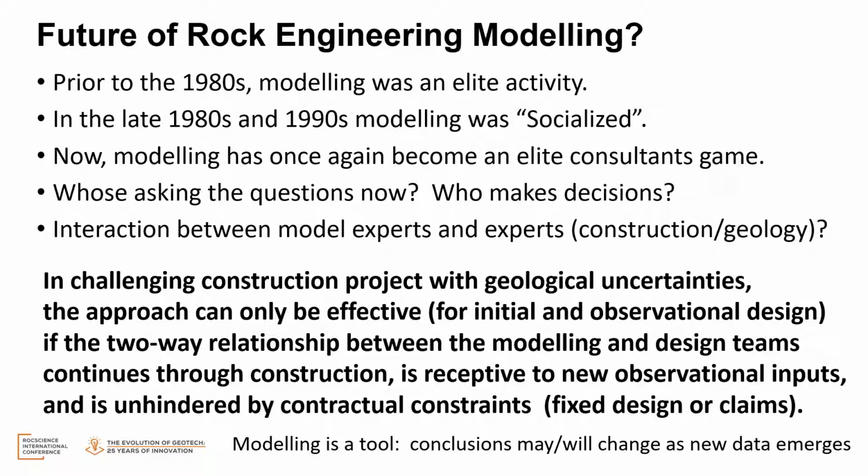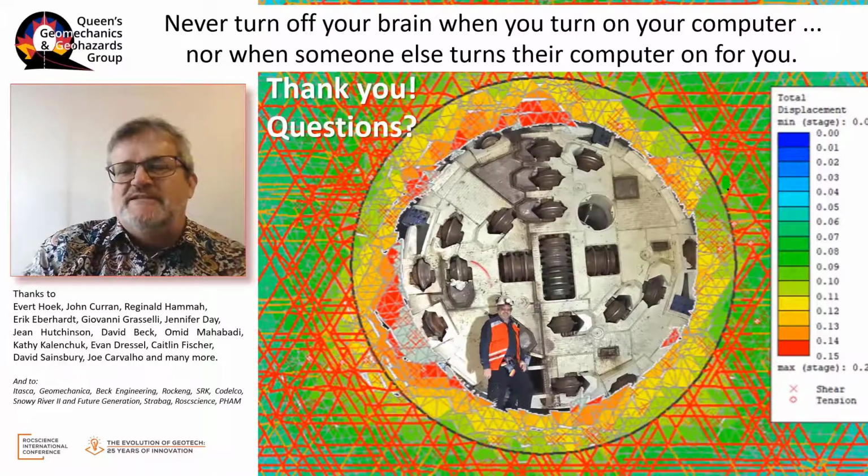And most importantly, and this might be a dream, this relationship is unhindered by contractual constraints such as fixed design or the fear of claims. Modeling is a tool. It has to be recognized by all that for these complex projects with uncertainties that the conclusions may and probably will change as new data emerges. And we have to be willing to accept that outcome and not hide behind contractual constraints.